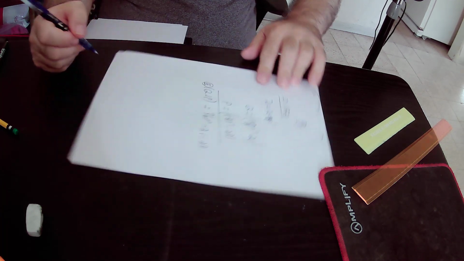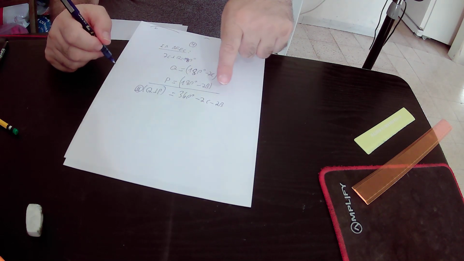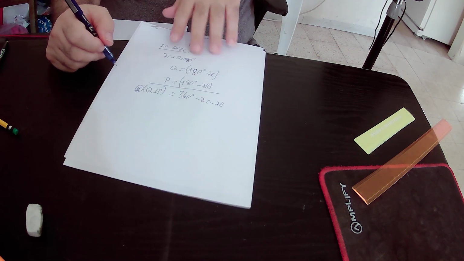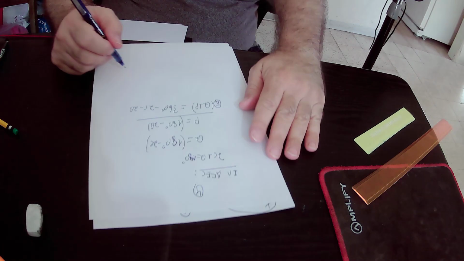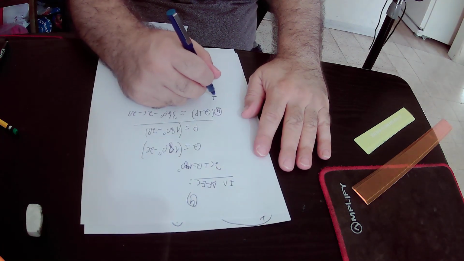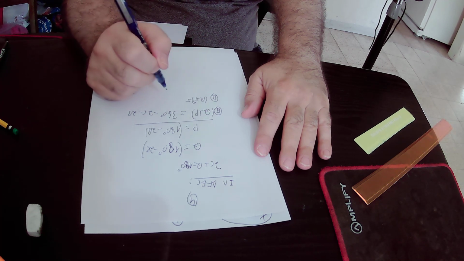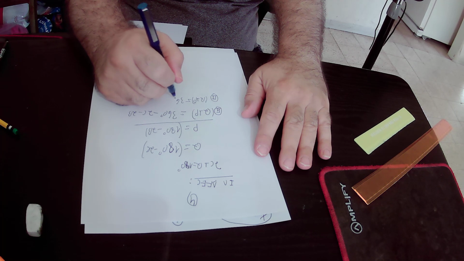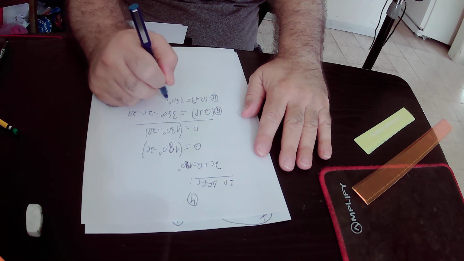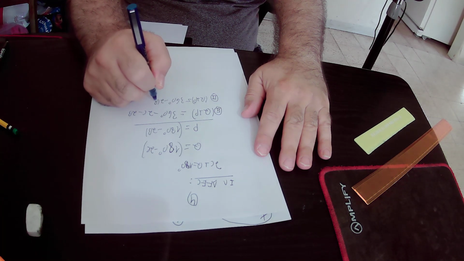So here we will take minus 2 as a common factor of this expression, and we will get that Q plus P equals 360 degrees minus 2 times B plus C.